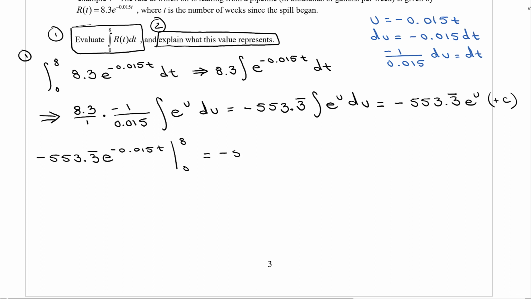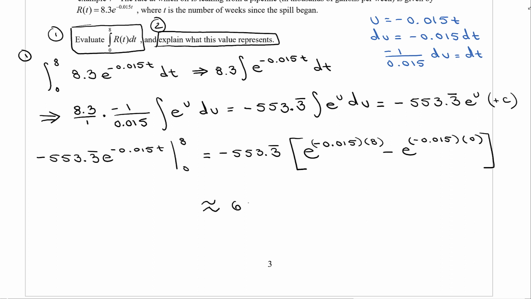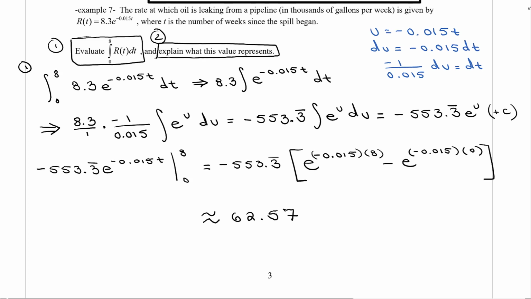And this is going to be equal to negative 553.3 repeating, open up a set of square brackets, e raised to the negative 0.015 times 8 minus e raised to the power of negative 0.015 times 0, and then close the square brackets. This is going to be approximately equal to 62.57. So that's the numeric value that we get.